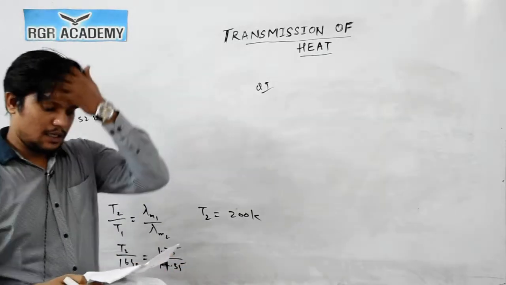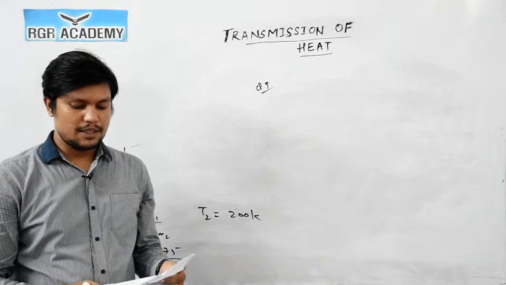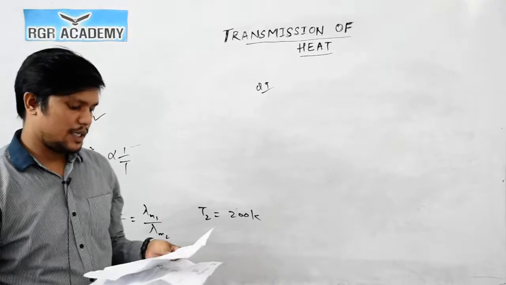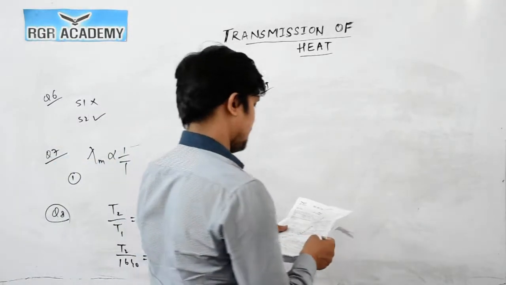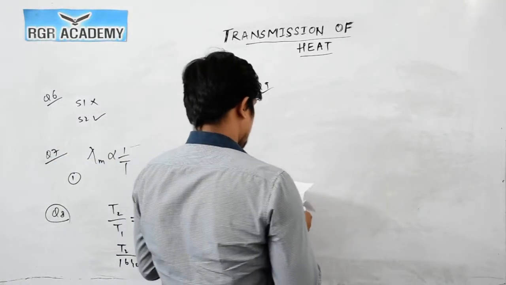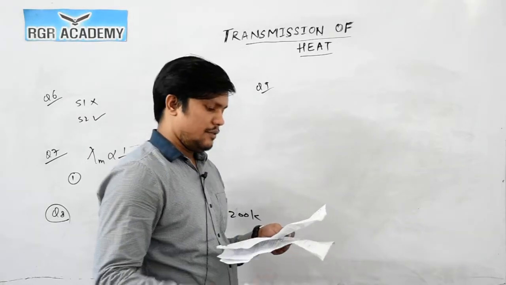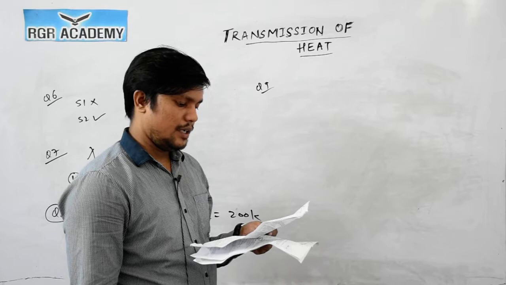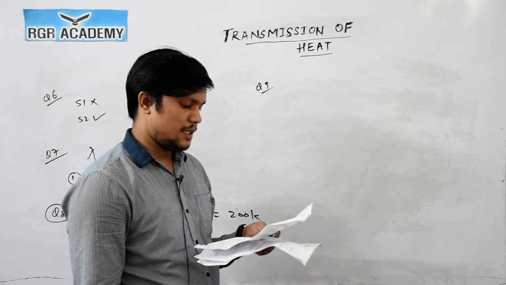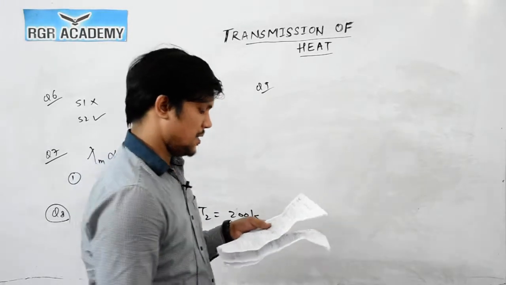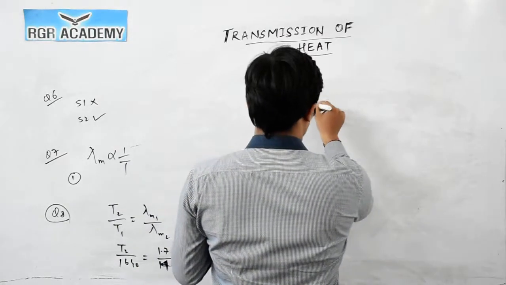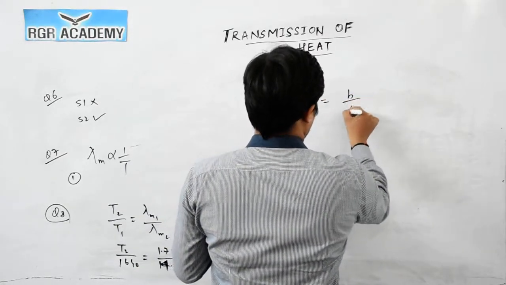In question number 9, the wavelength of the maximum energy released during an atomic explosion was 2.93 into 10 to the power minus 10 meter. Given the Wien constant is 2.93 into 10 to the power minus 3, the maximum temperature attained must be. So we know that temperature is given by b by lambda m.